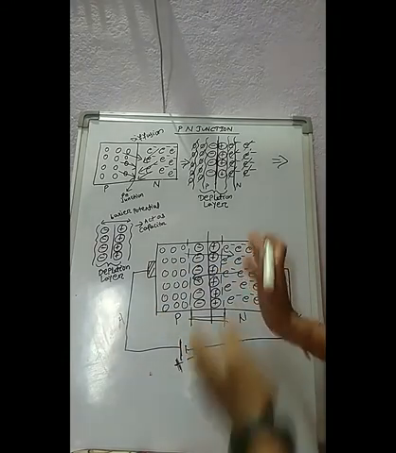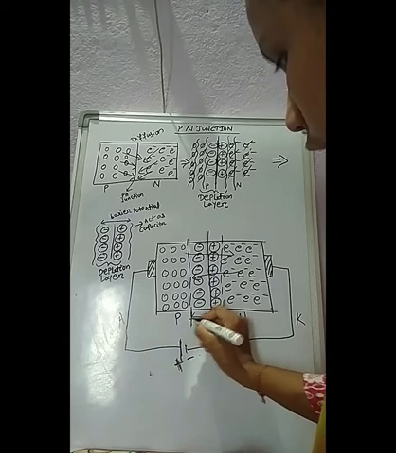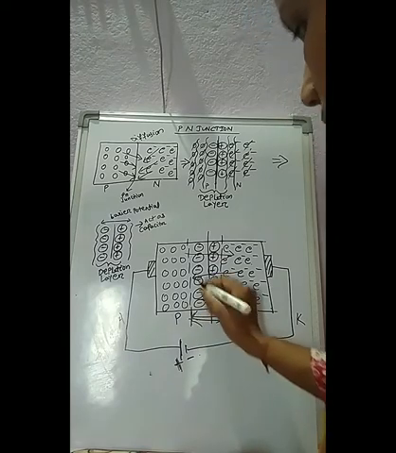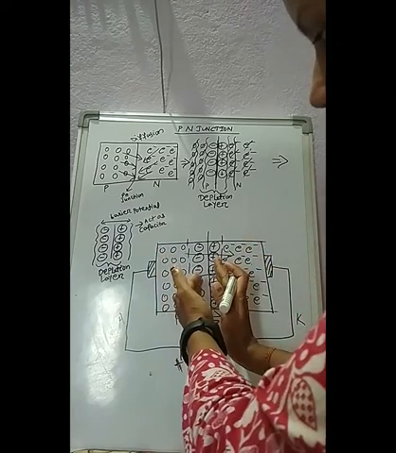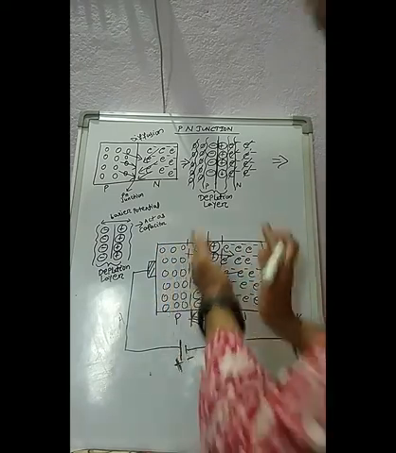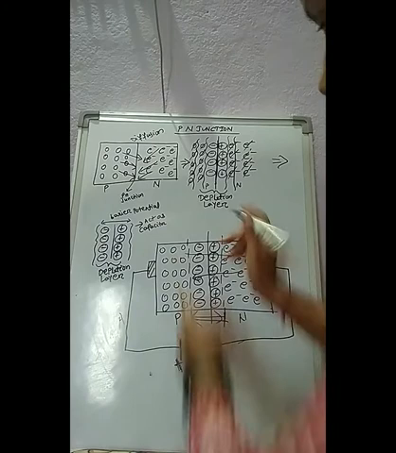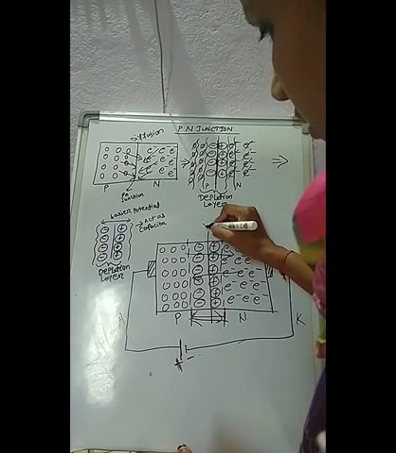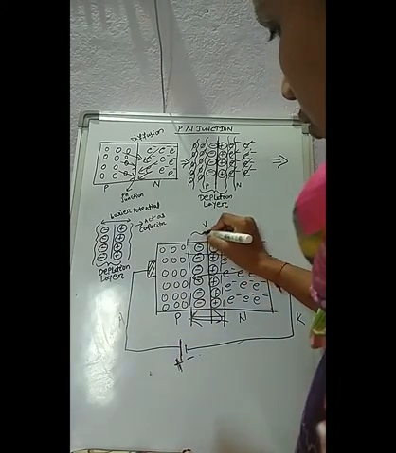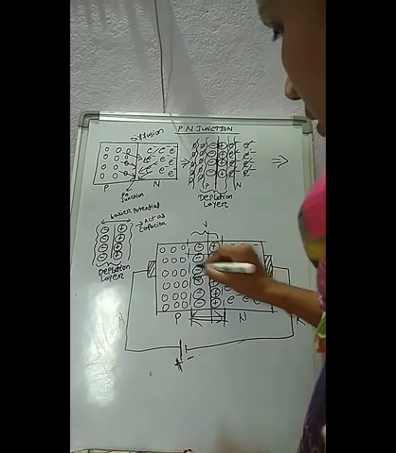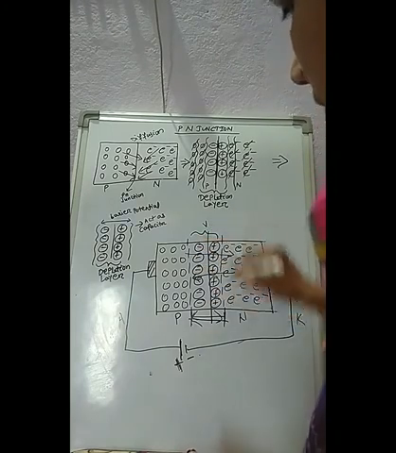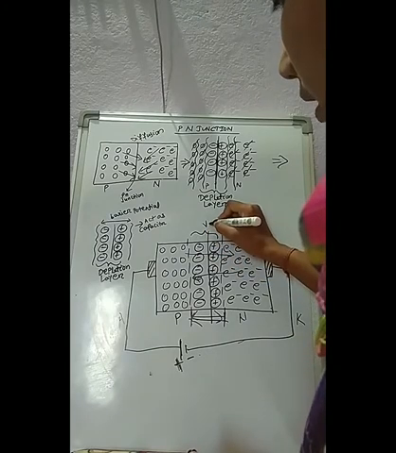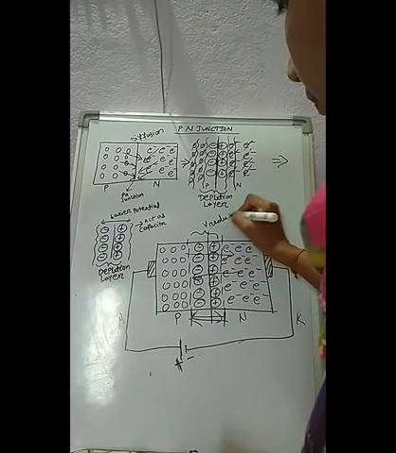During this process, the width of the depletion layer will reduce. After the reduction of the depletion layer, the barrier potential, the potential difference between these two charges, will reduce.